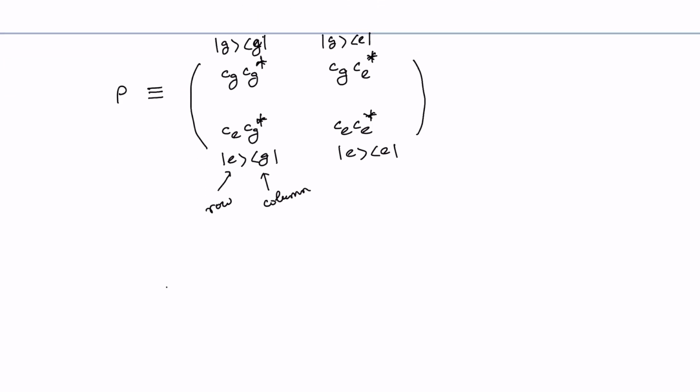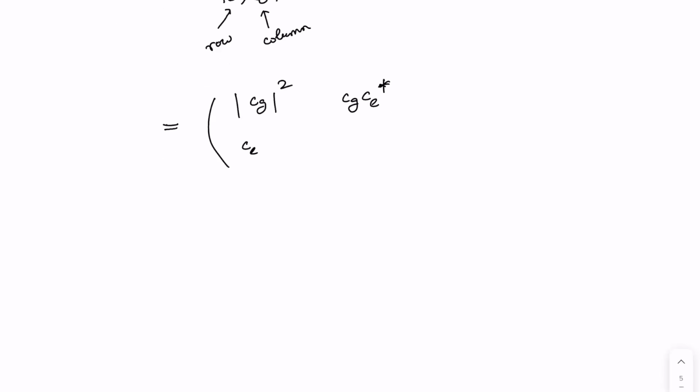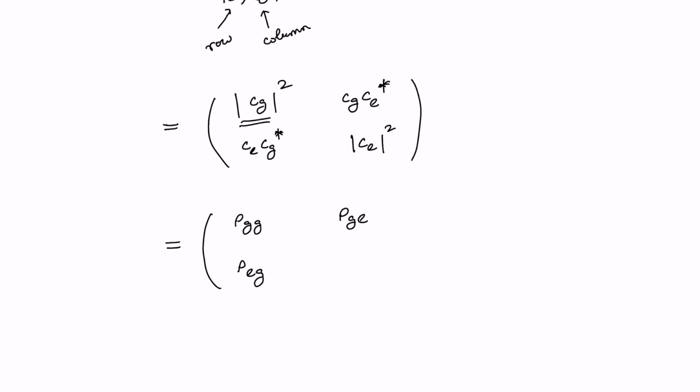And then I can write this as |c_z|^2, then c_z c_e star, then c_e c_z star, and |c_e|^2. In fact, this first term |c_z|^2 is the density matrix element rho_zz, this one is rho_ze, and then I have rho_ez and rho_ee.